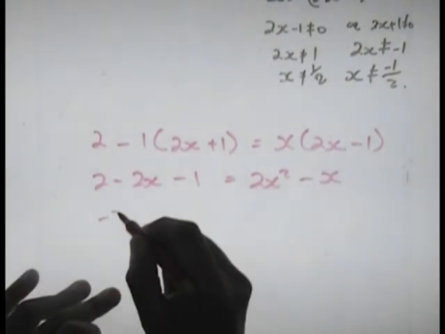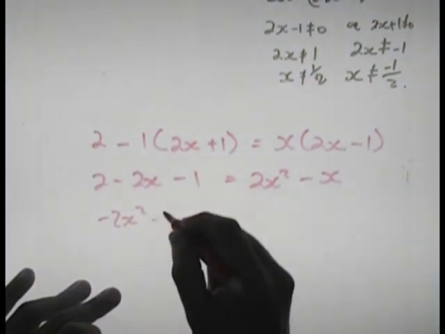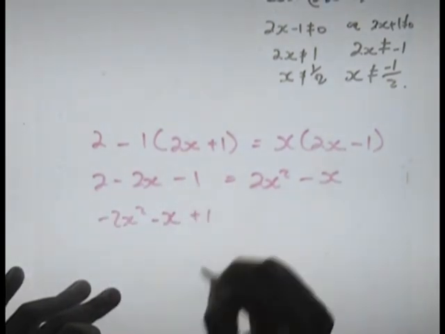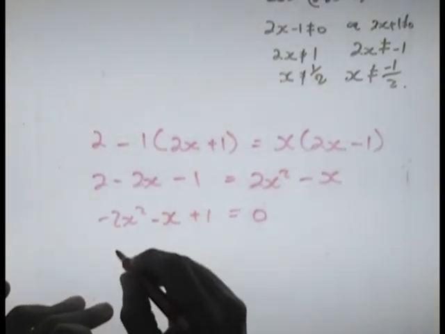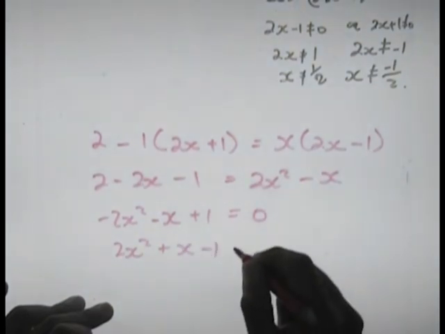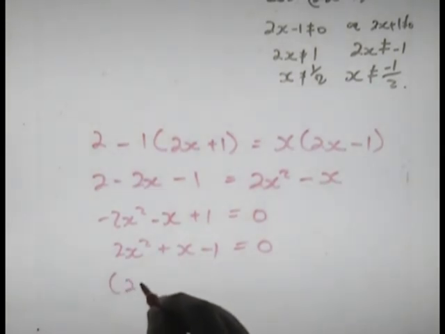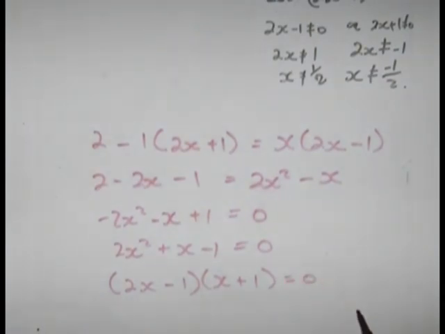Take the 2x squared across to give you negative 2x squared minus 2x plus x is minus x. 2 minus 1 is plus 1 is equal to 0. Divide through by negative, that means that 2x squared plus x minus 1 is equal to 0. This can factor out to become 2x minus 1 times x plus 1 is equal to 0.